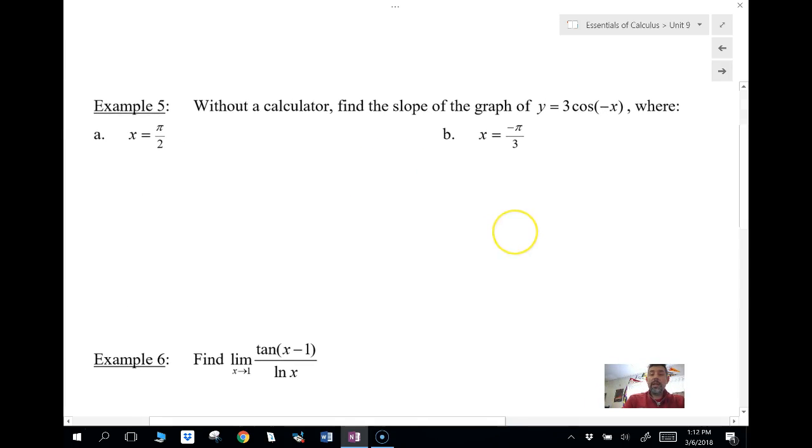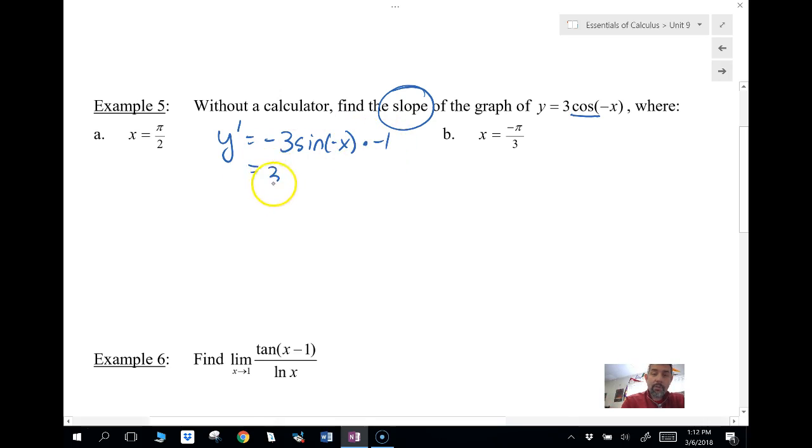Without a calculator, find the slope of the graph of y equals 3 cosine negative x, where x is pi over 2. So whenever we're looking for the slope, we need to find the derivative. So let's do the derivative right here. Y prime is going to be, the derivative of cosine is negative sine, times the derivative of the inside, negative 1.